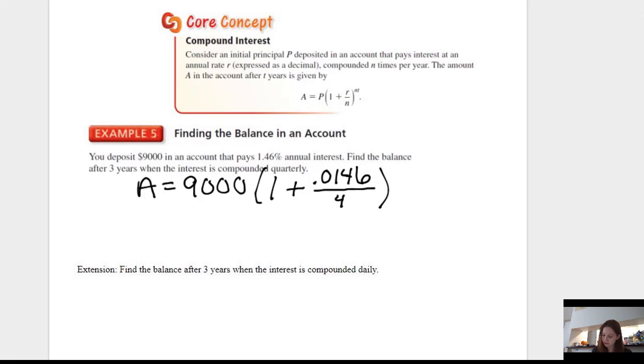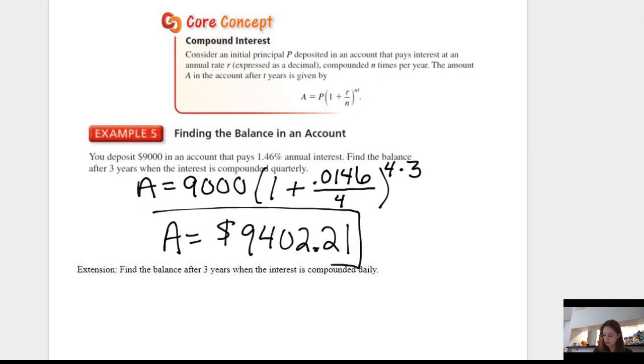And we're going to raise it to the n times t power, which is 4 times 3. So there are actually 12 pay periods for this account. And the amount after 3 years is going to be $9,402.21. In these compound interest problems, it makes sense to round everything to the nearest cent.